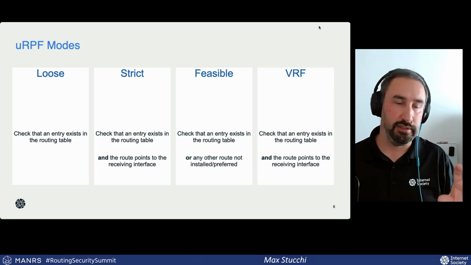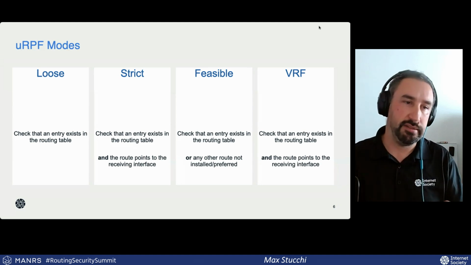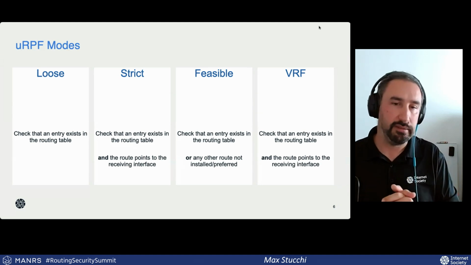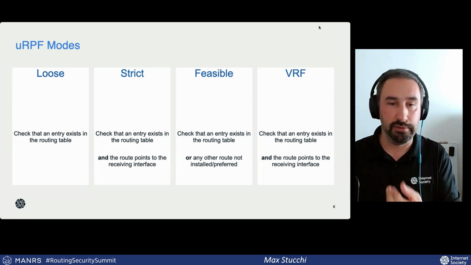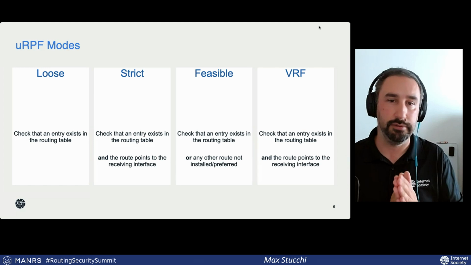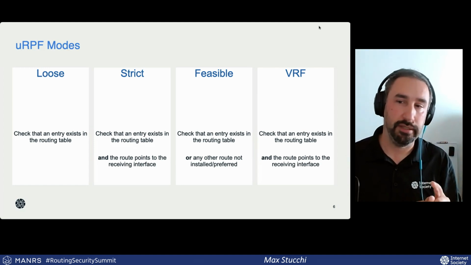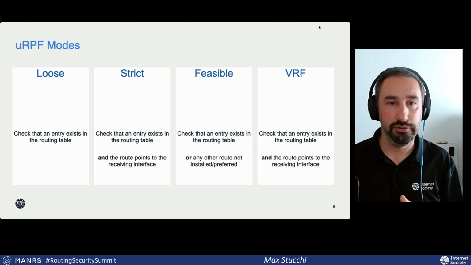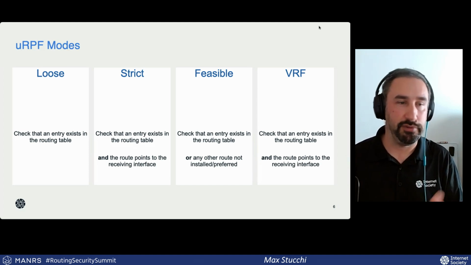Do not try to enable loose mode on your transits, on your peerings, because that might lead to issues, or even strict mode. If you enable strict mode on a router, especially on interfaces that go towards one upstream, and then the packets come back from another upstream, you're just going to drop the packets incoming because the routing is asymmetric.